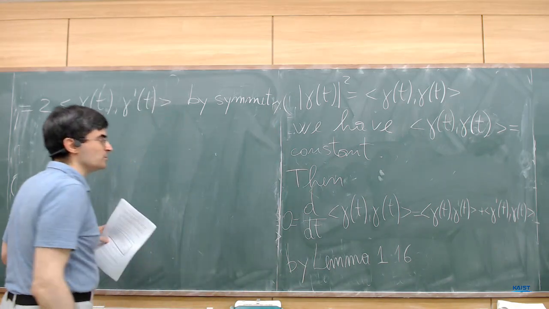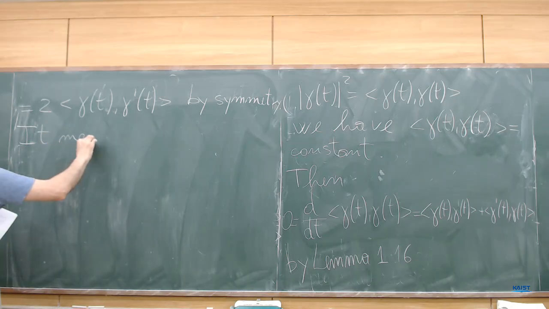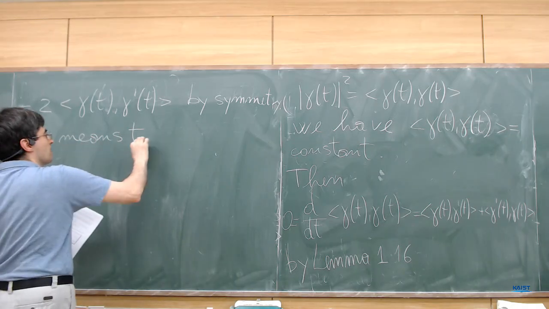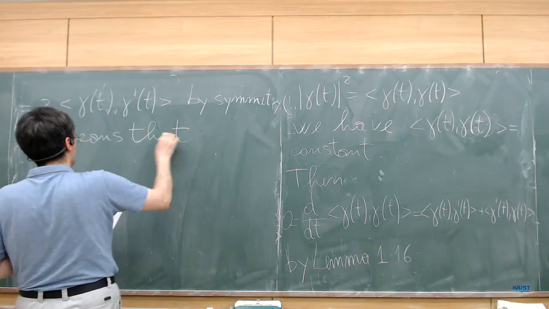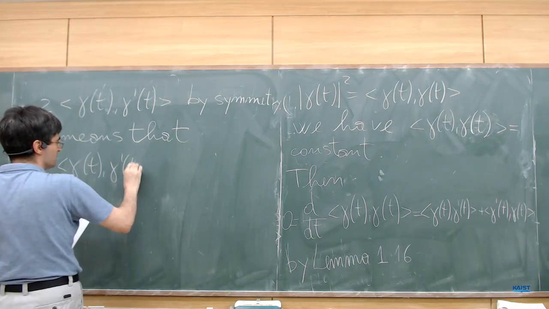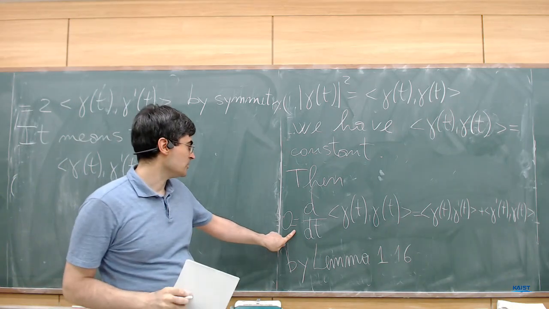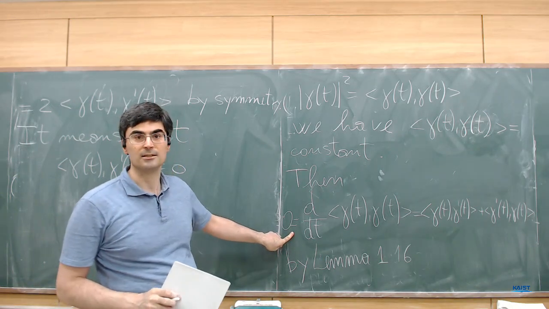This is the end of the proof because this says the inner product of gamma t and gamma prime of t is equal to 0, because here the left hand side is 0.